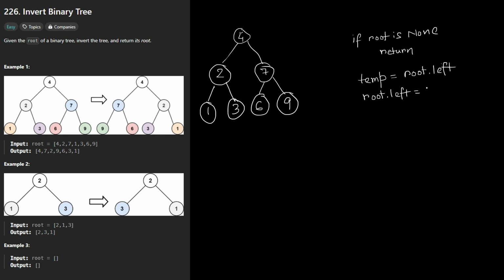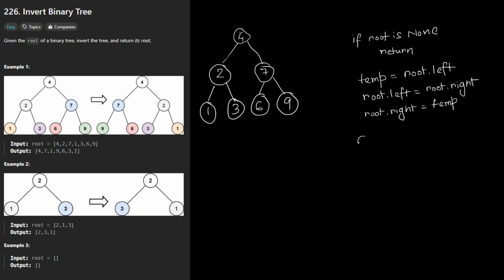Root dot left equal to root dot right, and root dot right equal to our temporary value which is containing the root dot left. So you are swapping the left node with the right node.